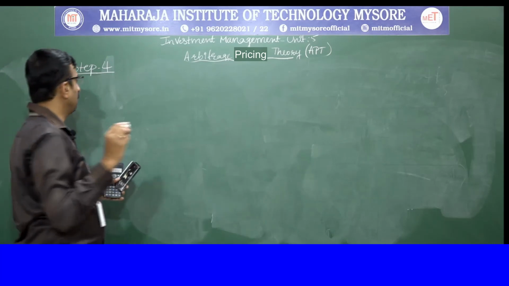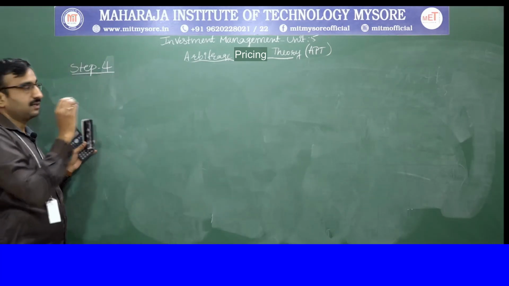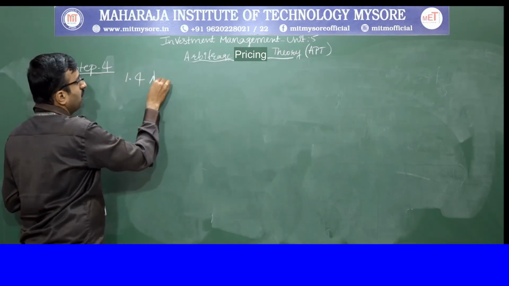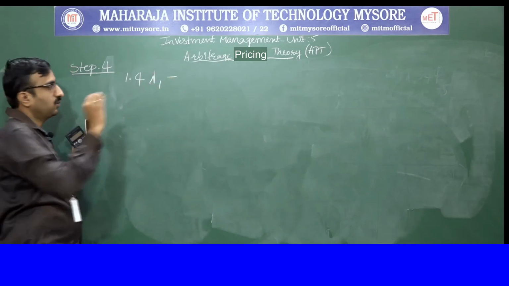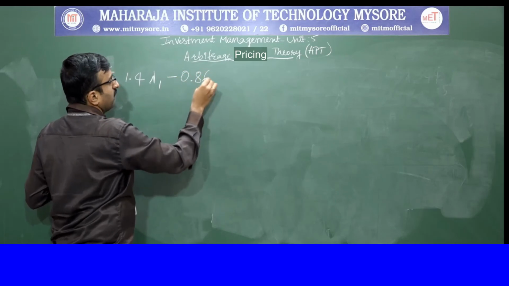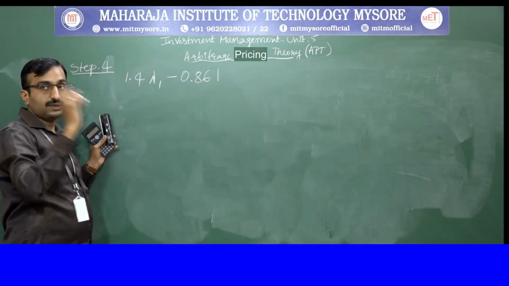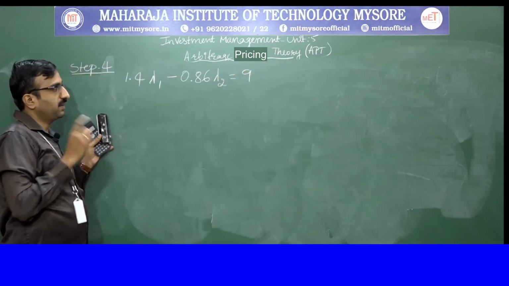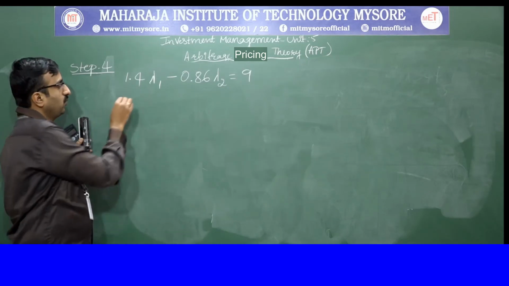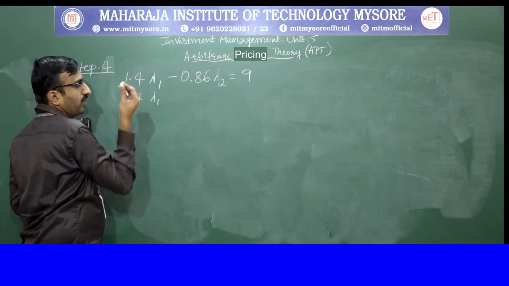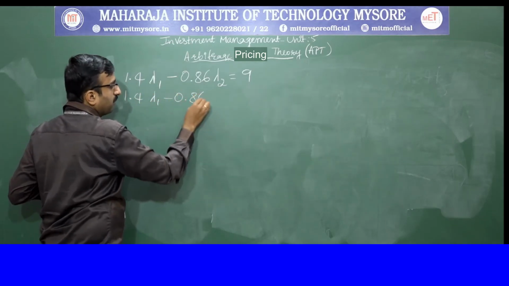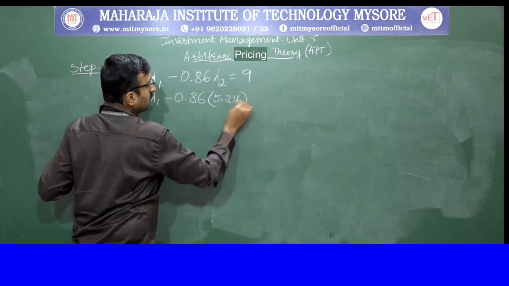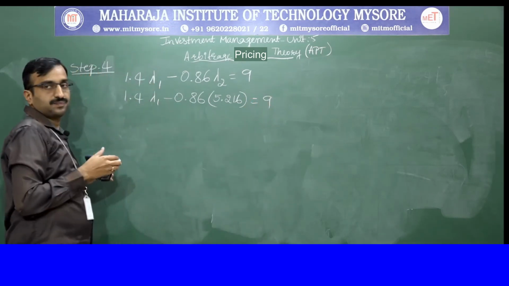There we will consider 1.4 lambda 1 minus 0.86 lambda 2, that is equal to 9 as per the second equation. So, 1.4 lambda 1 we do not know, minus 0.86 lambda 2, just we have found it, 5.216, is equal to 9, isn't it?